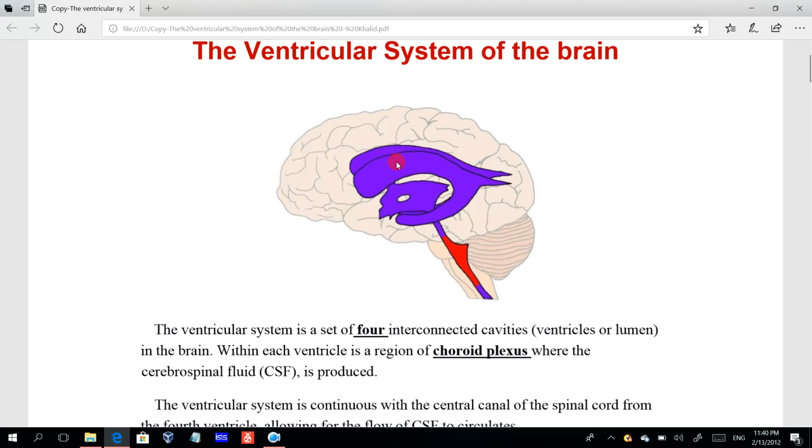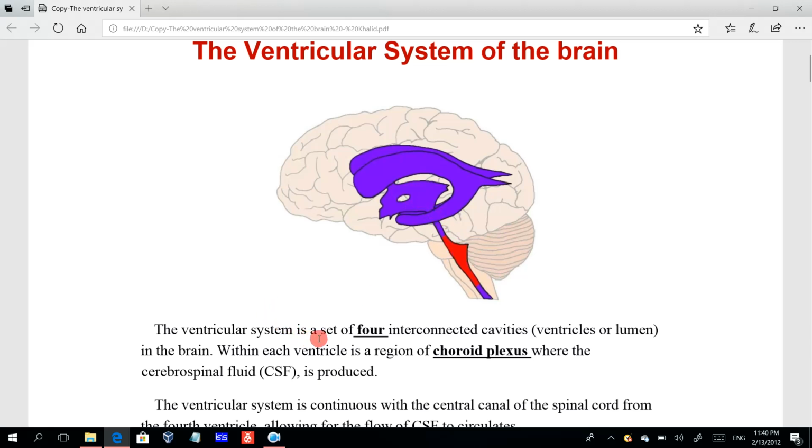Each hemisphere has one lateral ventricle; this is the lateral ventricles, on the left side and on the right side. We also have another ventricle here, which is the third ventricle, and here we have the fourth ventricle.